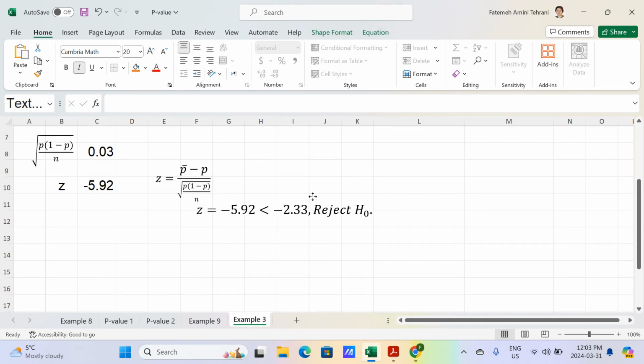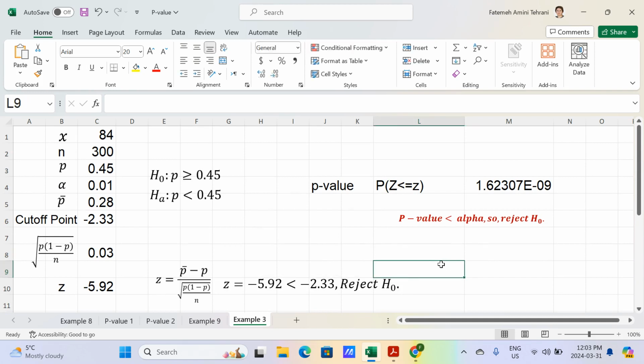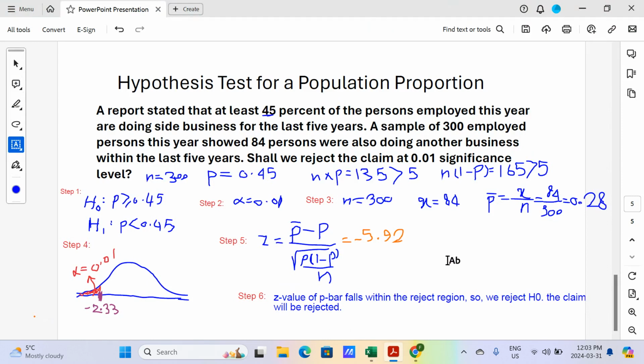And by the normal hypothesis approach, I also rejected H0. So we solved this question by two methods, and the conclusion was rejecting the claim.